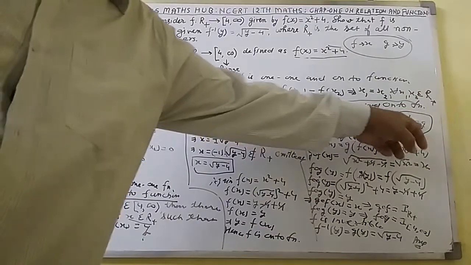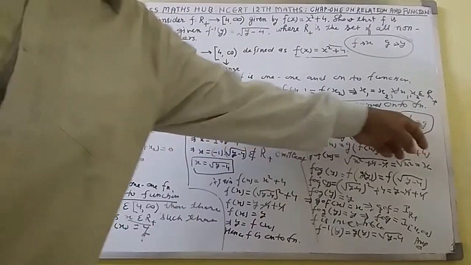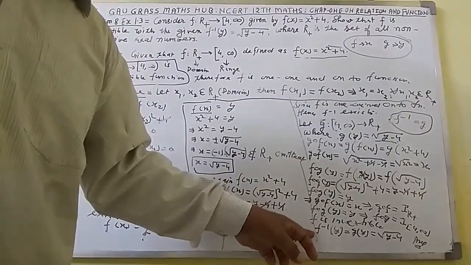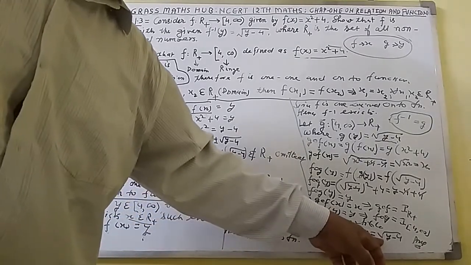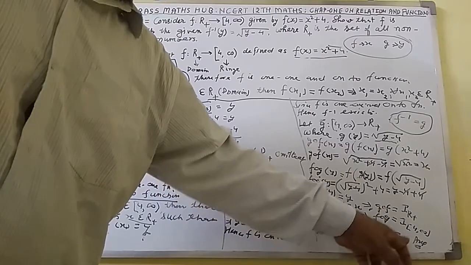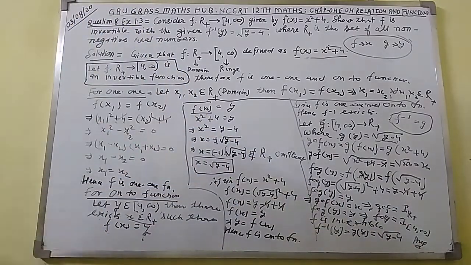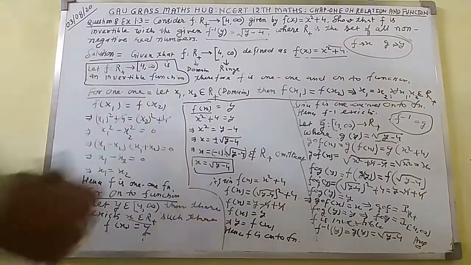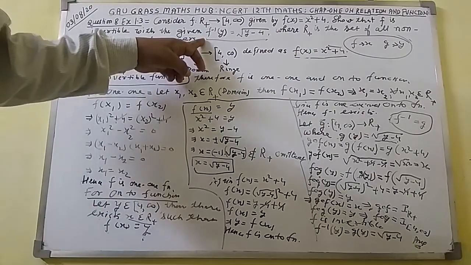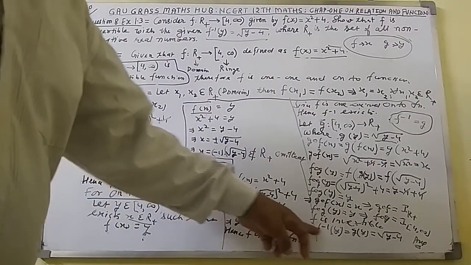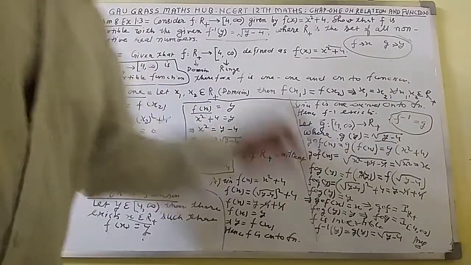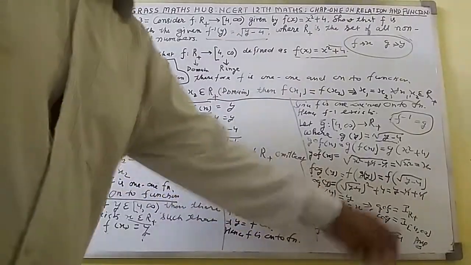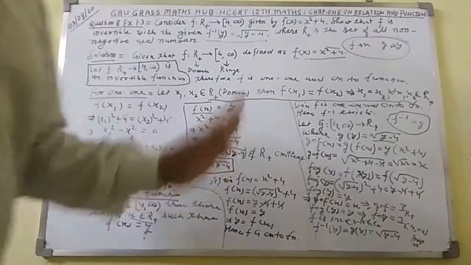So I have written f inverse y, and g(y) equal to under root y minus 4. That will be the correct answer. Here you have to show this: f inverse y equal to g(y) equal to under root y minus 4. This you have to show.